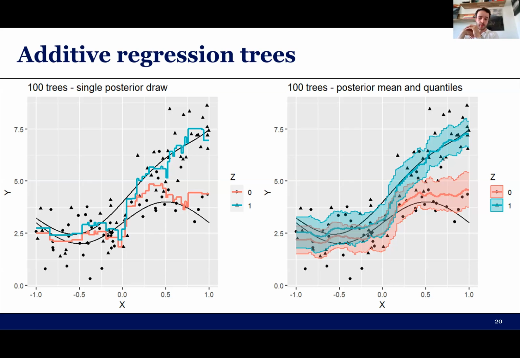At least in this example, the BART model seems to do quite well at capturing these heterogeneous treatment effects, which with a regular linear regression, or even a GLM, would probably not be that easy to do.